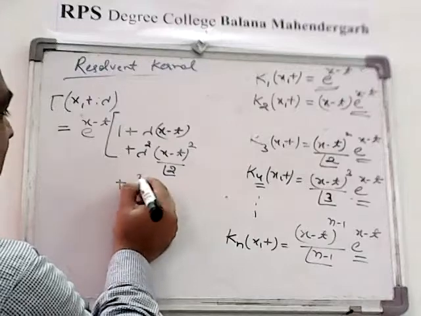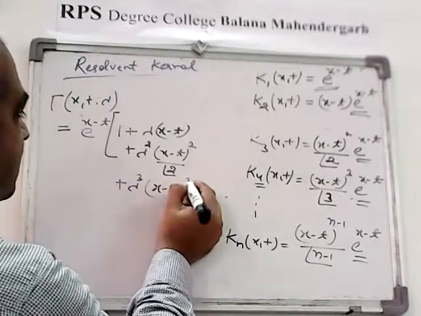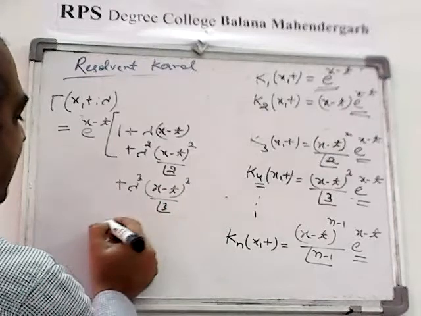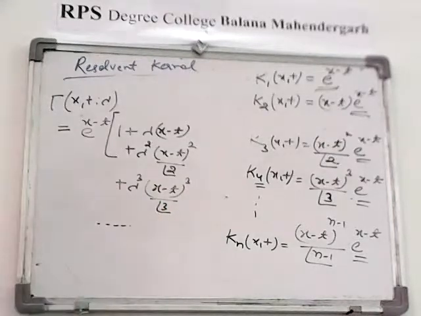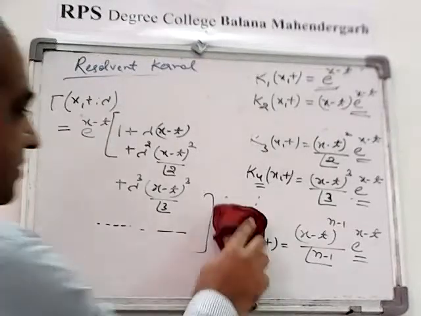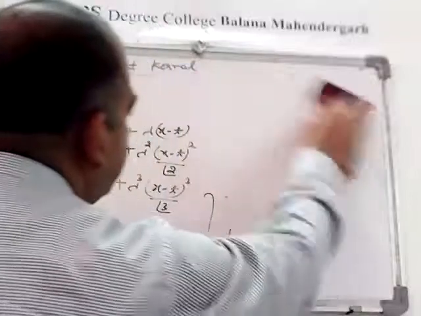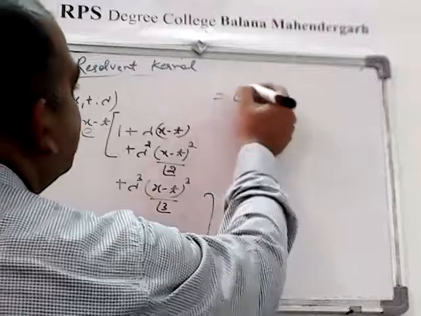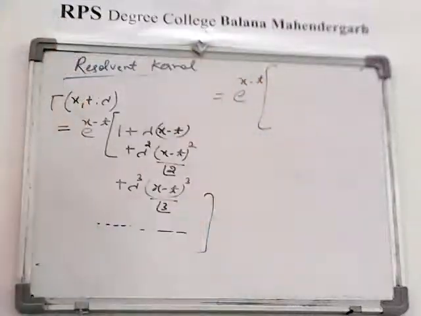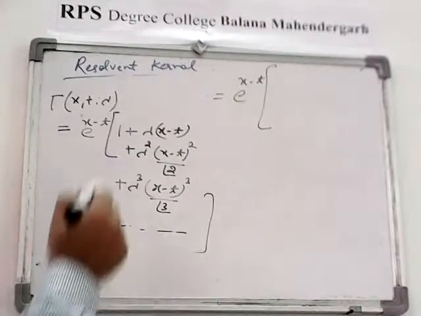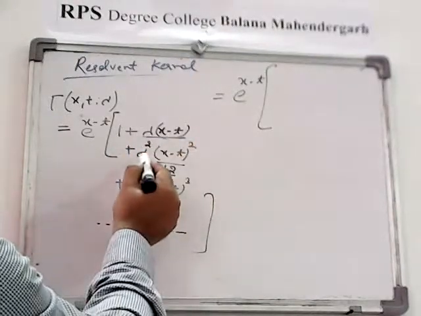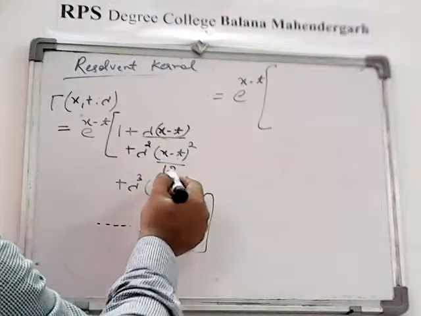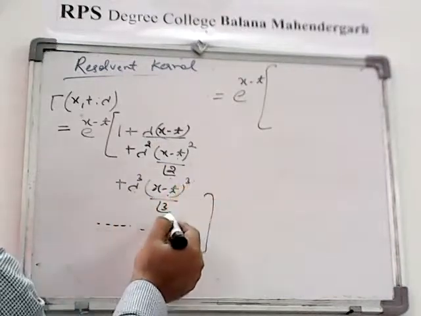The next term, we will have lambda cube (x minus t) whole cube divided by 3 factorial, on up to infinity. As e raised to power x minus t is common, you can see 1 plus lambda into (x minus t), lambda into (x minus t) whole square by 2 factorial, lambda into (x minus t) whole cube divided by 3 factorial.